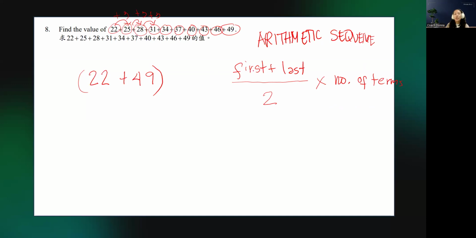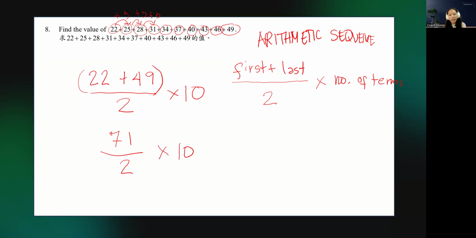All right. So the first number is 22. That's why we have 22 here. Add it to the last number, that's 49. And then divide it by 2. And then multiply it by the number of terms, which we counted as 10, because there are 10 numbers. 22 plus 49, that is 71. 71 divided by 2, multiply it by 10.